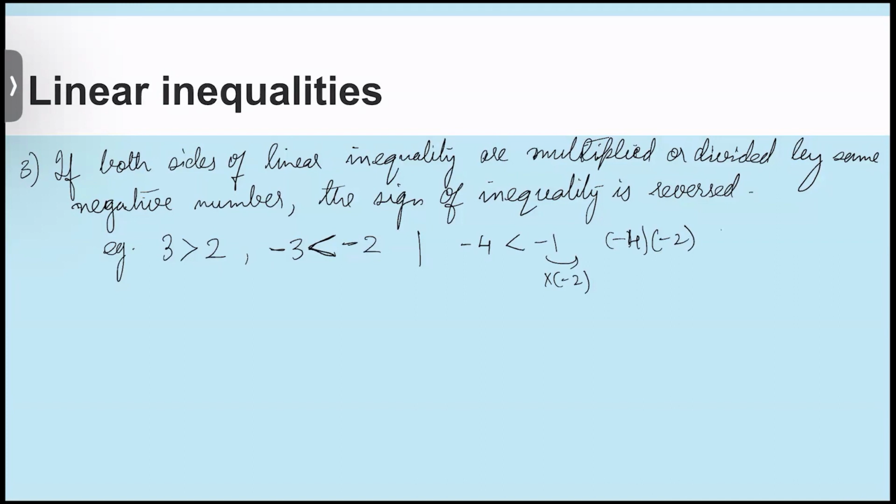Over here you leave the place of the sign, because it will automatically be reversed. Why? Because now you have 8 is greater than 2, which is a fact we know. That is why, when dealing with inequalities, if you multiply or divide both sides of the linear inequality by a negative number, the inequality sign has to be reversed. This is something we have to remember when we are solving.